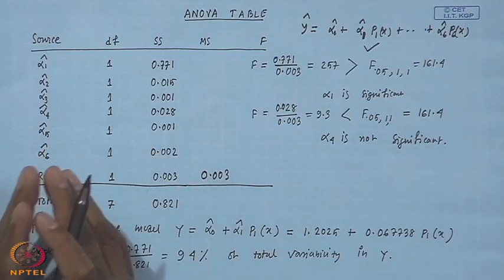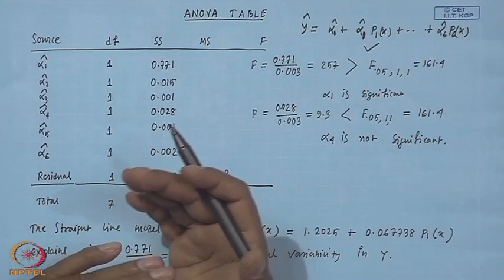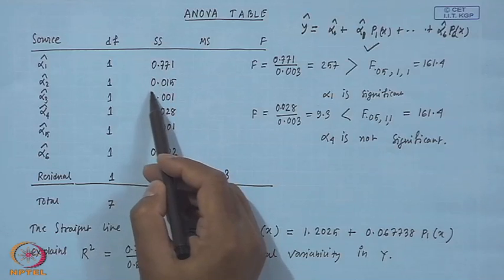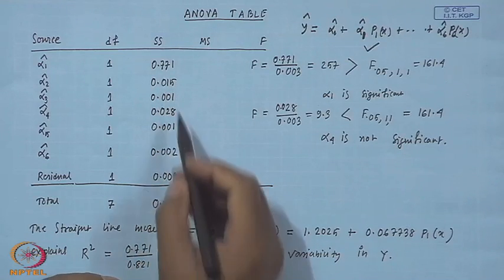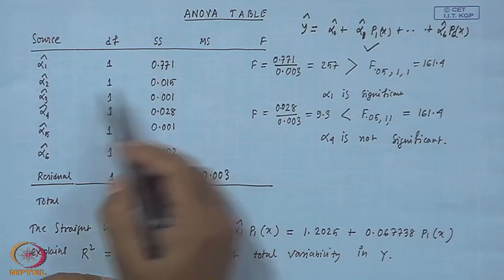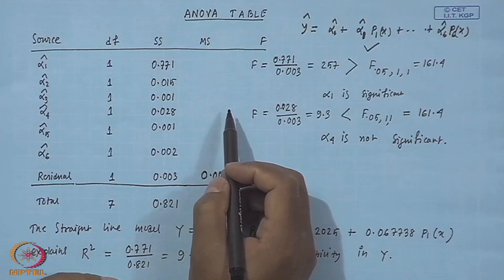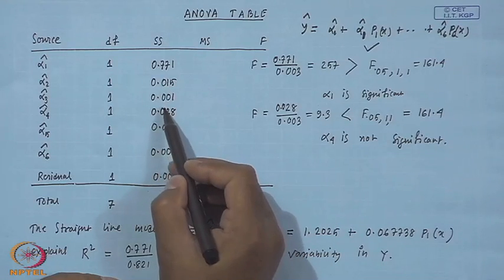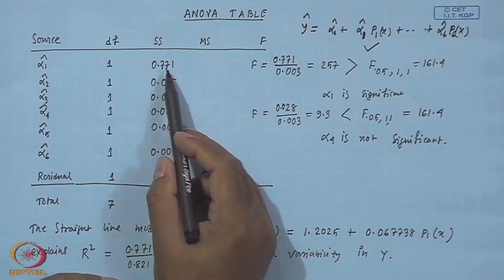It is the part of the variability in y which is explained by the second order term, that is alpha 2 hat p 2 x, and this is quite a bit smaller than the SS regression due to alpha 1 hat.